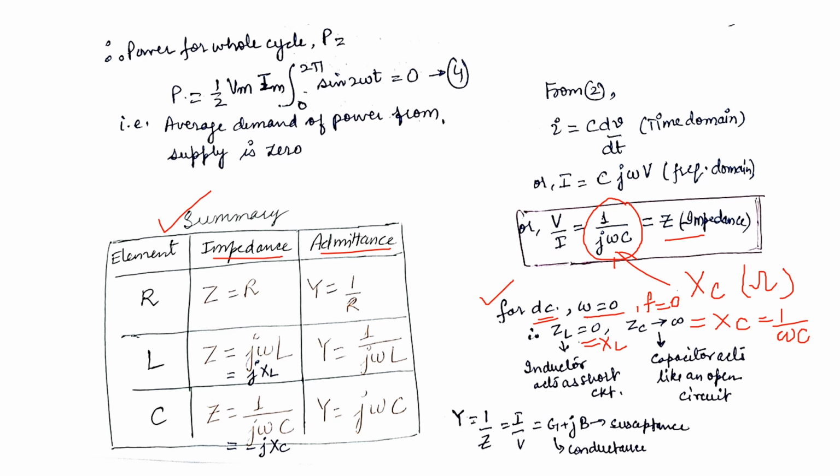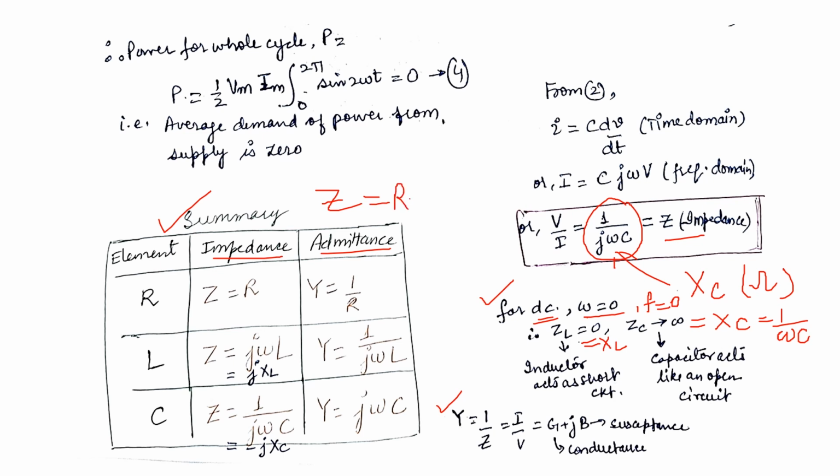When j is written in the numerator, it becomes minus j, so minus jXc. Now the reciprocal of the impedance is called admittance and is denoted by capital Y. So admittance is 1 upon Z, the ratio of current by voltage, and we express this as G plus jB.